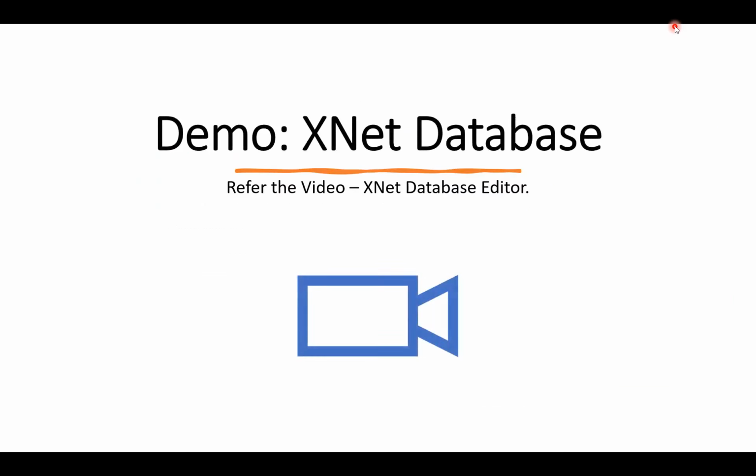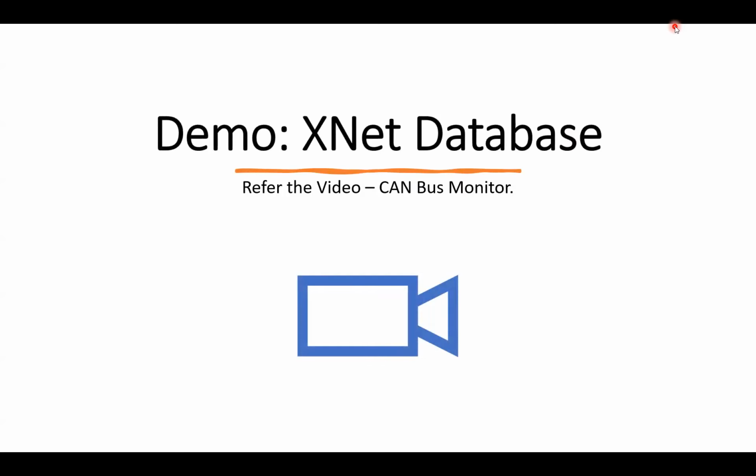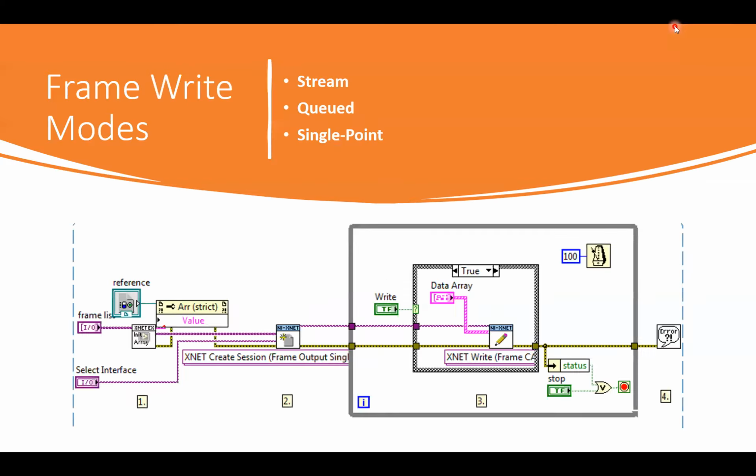Kindly refer to the database editor video, which describes the database editor in depth. Similarly, we can refer to the CAN bus monitor video, where I have not connected the hardware, just to show an example of how it functions.